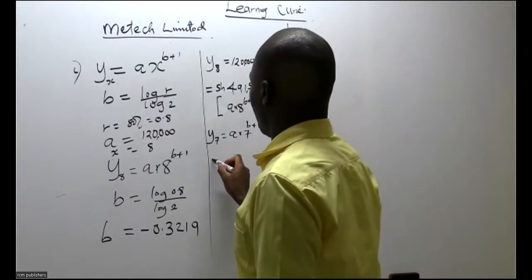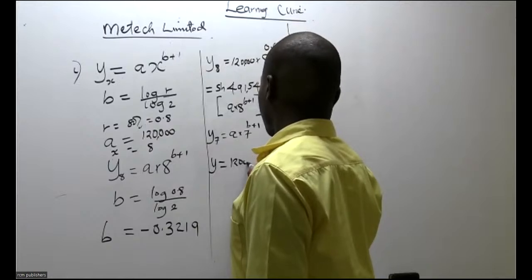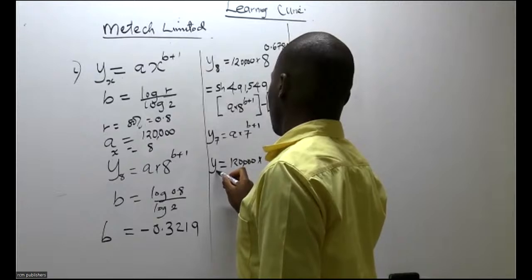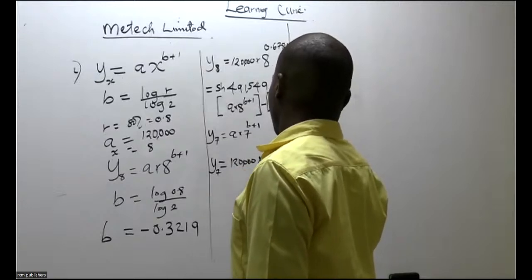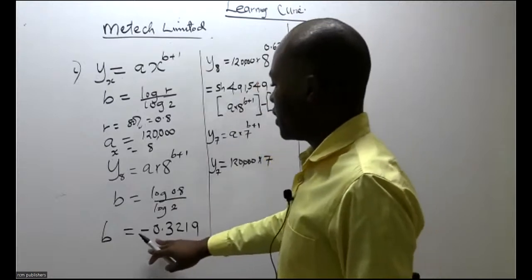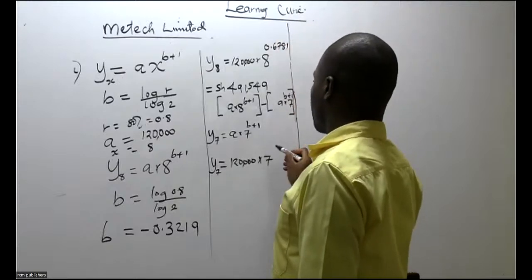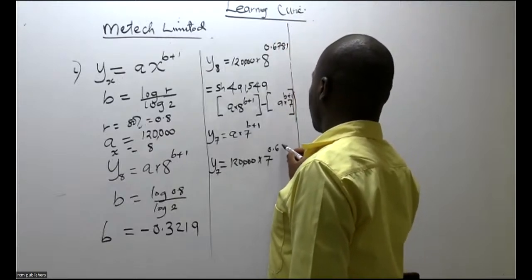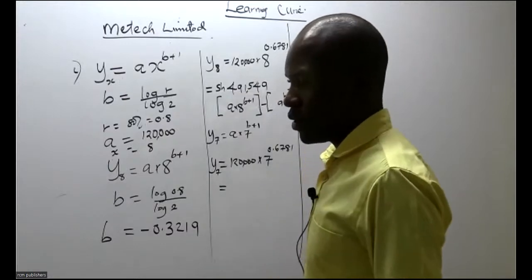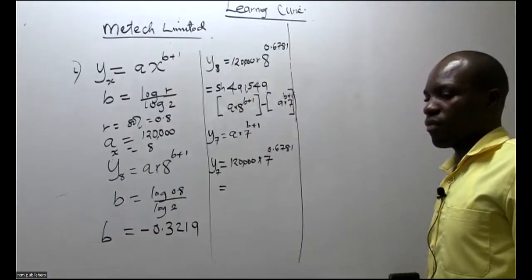Your a does not change, times x, which is now 7 raised to power b plus 1. Your b is this one here, plus 1 is giving us what is up there. So raised to power 0.6781.